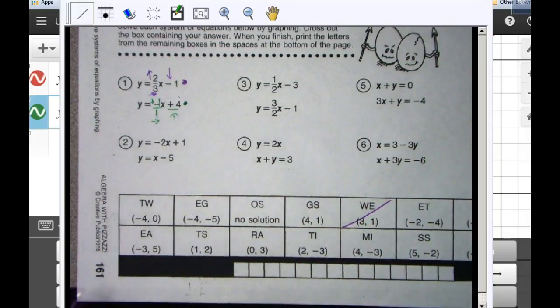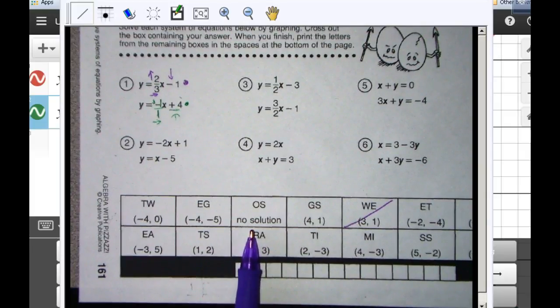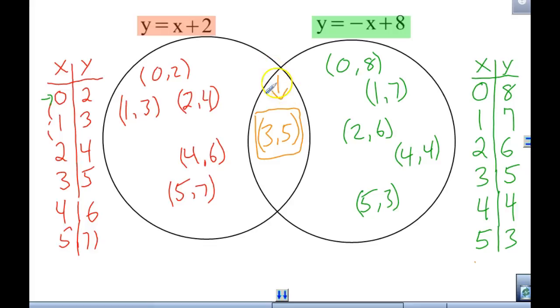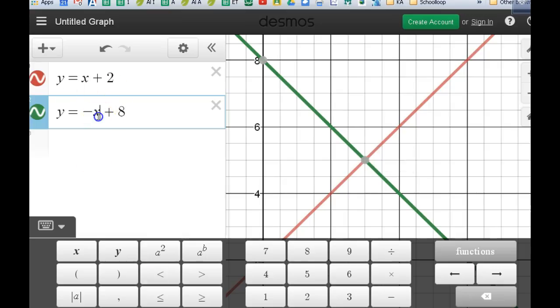Now, if you keep looking there, you'll notice that one of them has a no solution. So what would that look like if you graphed it, if there's no solution? Okay. So remember, that would be if we listed all the points and they would never have anything in common. How could that be possible? Right, so maybe this would help.